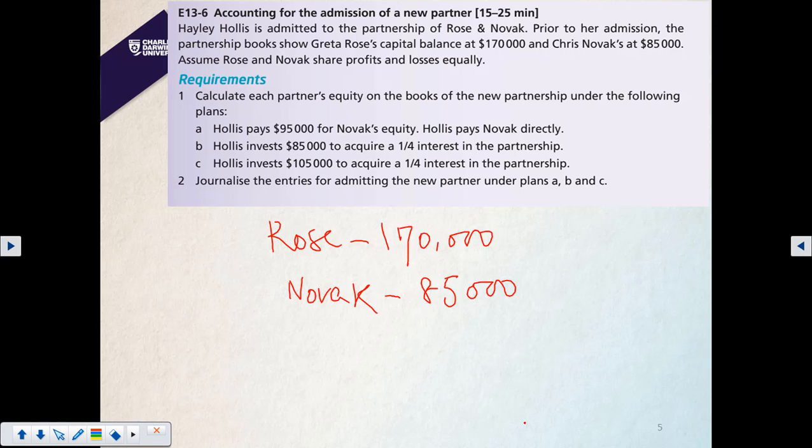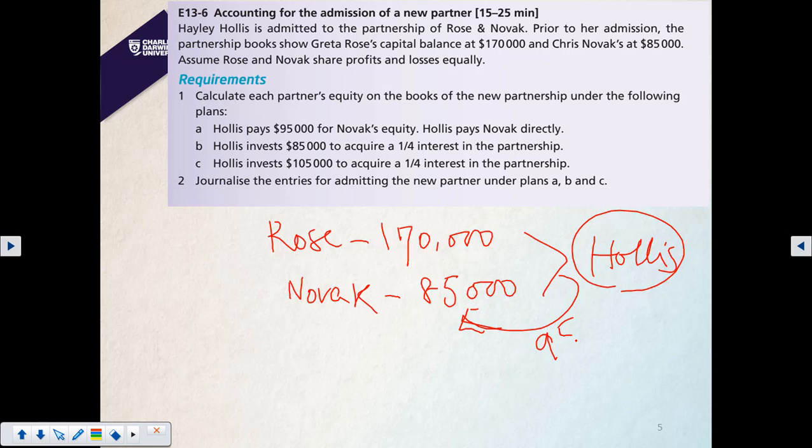Holly is trying to come into this business. The first scenario is Holly is saying, okay, I will give you $95,000, and he goes out from the business. This is the first condition. Even though his capital contribution is $85,000, she is happy to give him $95,000.